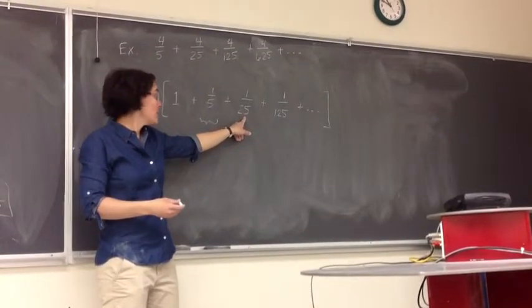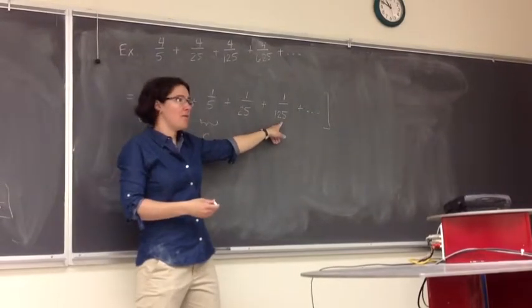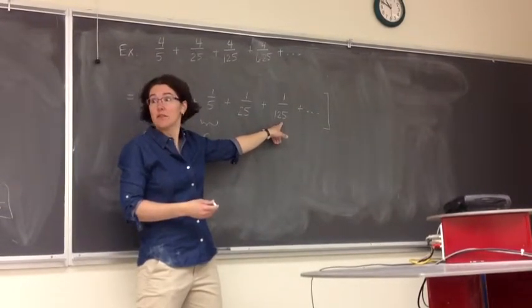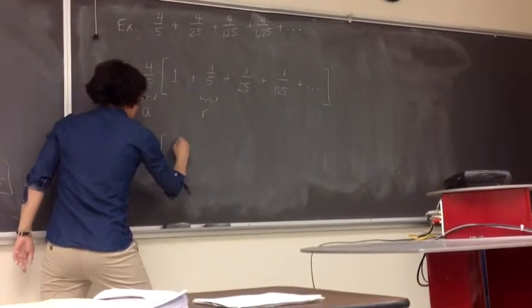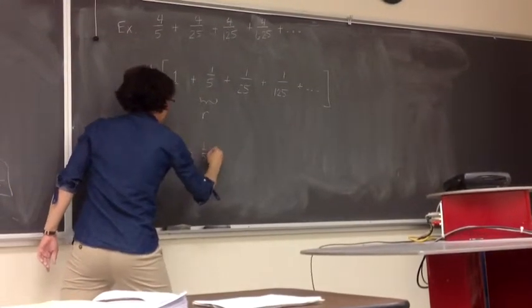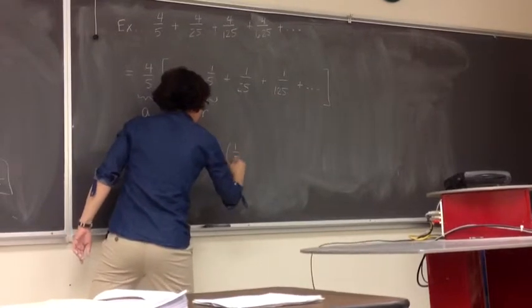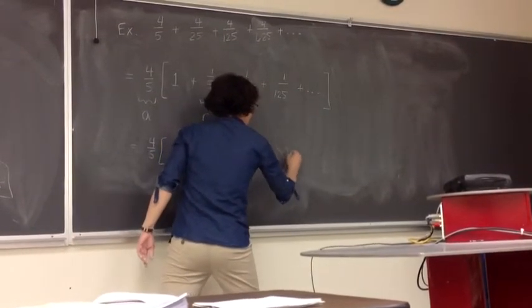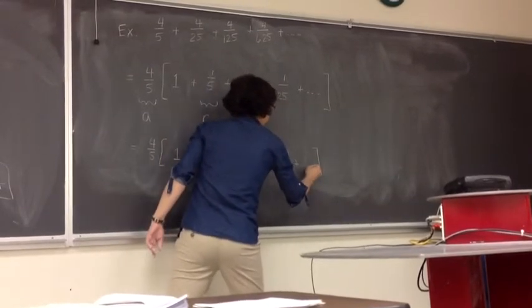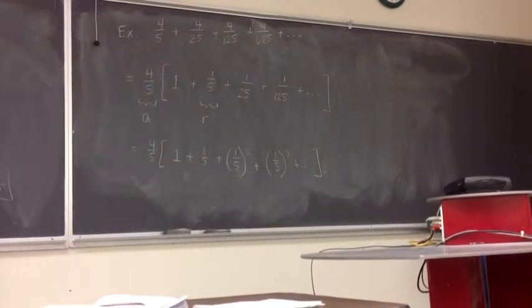It is, and so that works. And 1 over 125, that's 1 over 5 to the 3rd. And so I can rewrite this as 4/5 times 1 plus 1/5 plus 1/5 squared plus 1/5 to the 3rd plus dot, dot, dot. And so I have a geometric series.